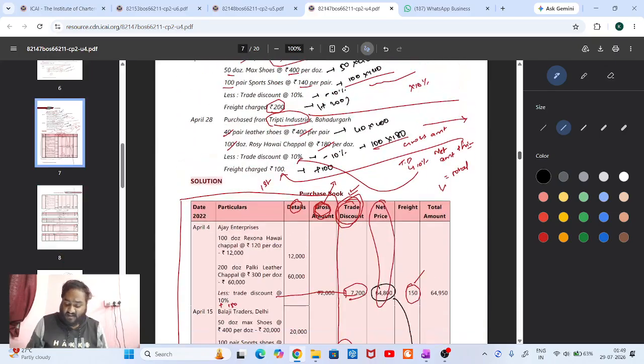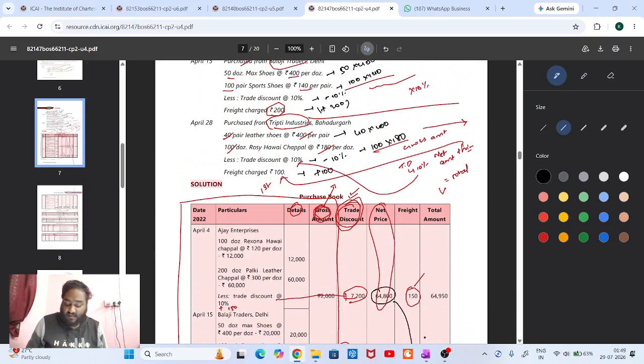Why did we bifurcate? Maybe this might be the reason, in order to find the net price. And I forgot to calculate freight.